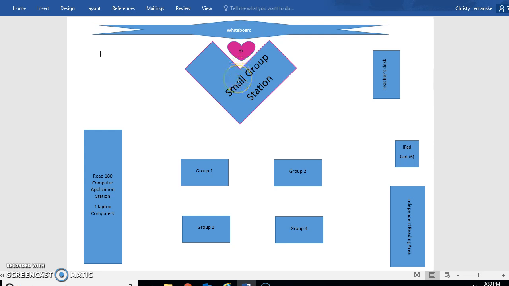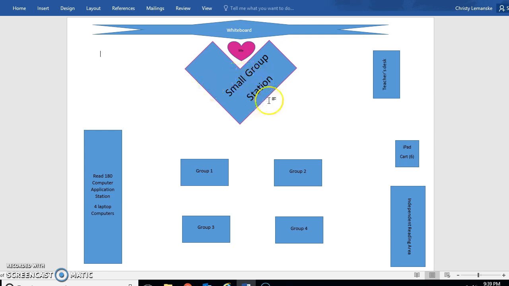Also, on days when I am not holding a small group session, the small group station can be used for conferencing with individual students or remediation. Maybe there's a couple students that are having the same problems or issues and would like to be addressed in a smaller group setting.